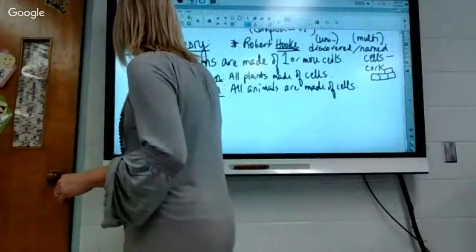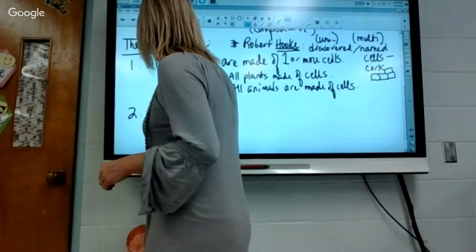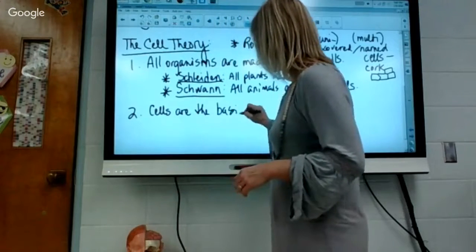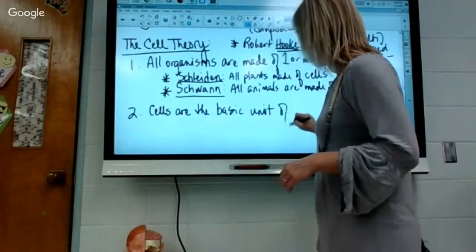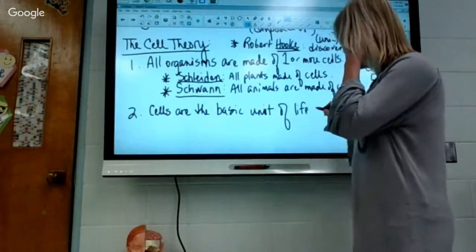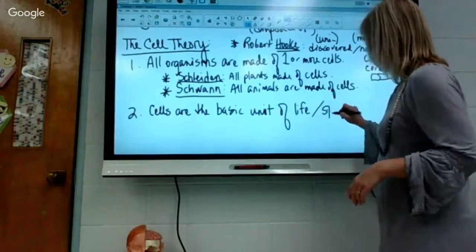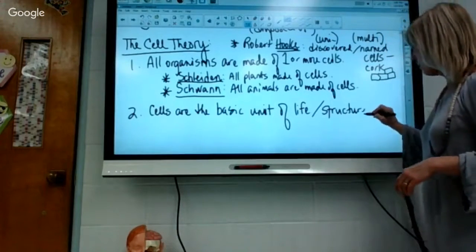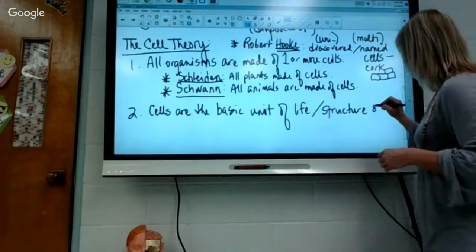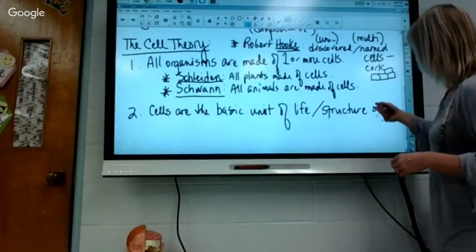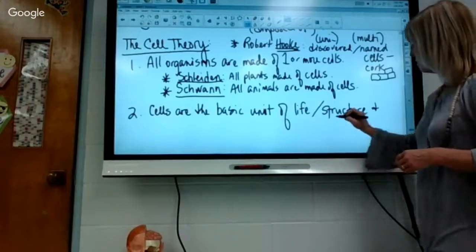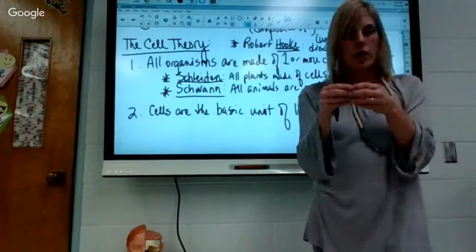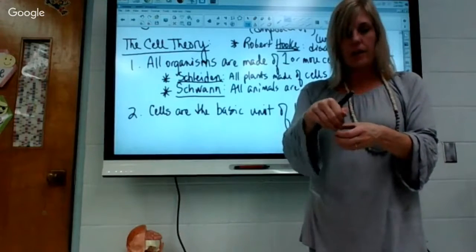Number 2 is cells are the basic unit of life, or of structure and function. What that means, it sounds pretty much the same as number 1, is that if you look at an individual cell, all 10 characteristics of life occur within that cell.